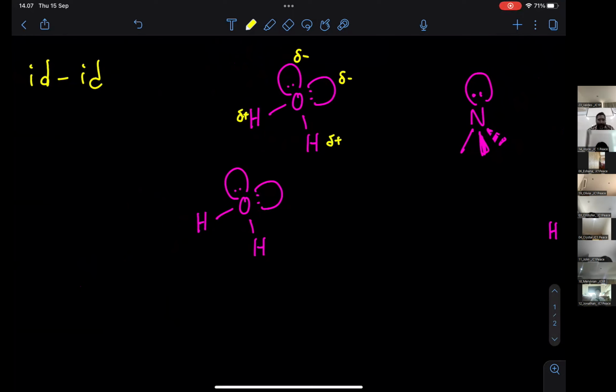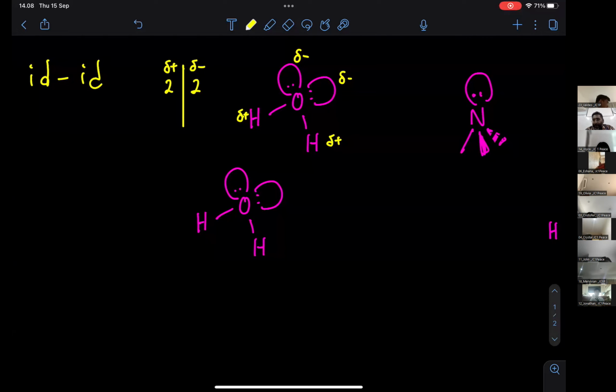If you count the number of delta positive and delta negative, you can see that one molecule of water has 2 delta positive and 2 delta negative. It means they can form, for example, like 2 boys and 2 girls, a total of 2 couples.